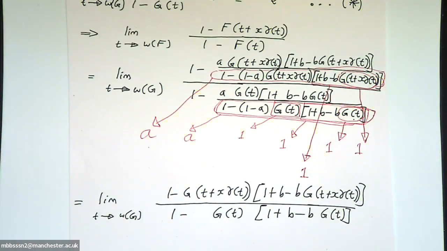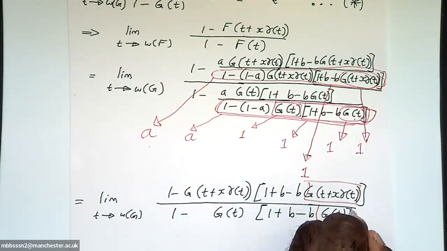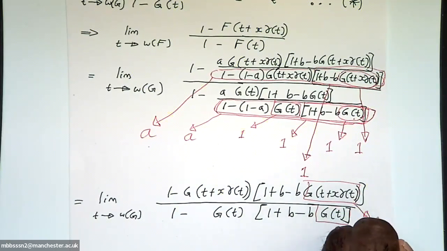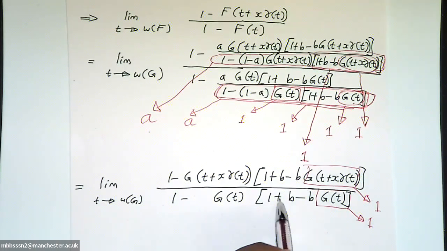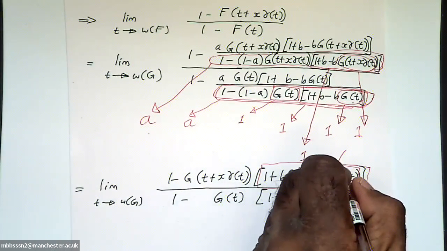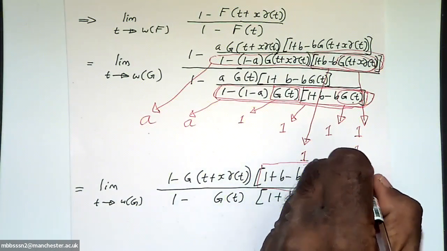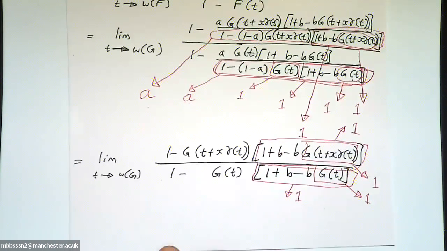Now as T goes to WG, this guy and this guy both go to 1. So what you have is 1 plus B minus B, which is 1, and this also goes to 1, right?